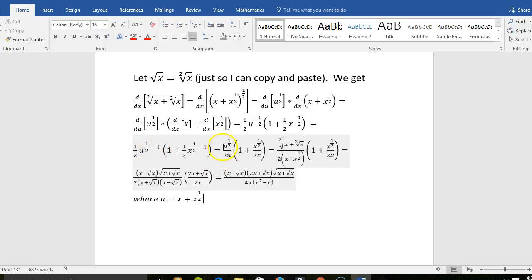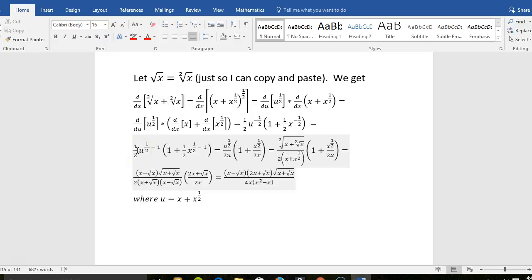But what that amounts to is u to the half over u. That u to the negative 1 comes down here as u. And that 1/2 is the same thing as dividing by the 2 down here. Division by 2 is the same thing as multiplication by half. So I skipped the step, but it wasn't a big step.